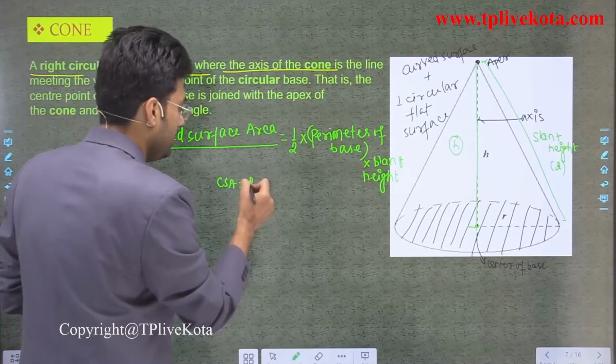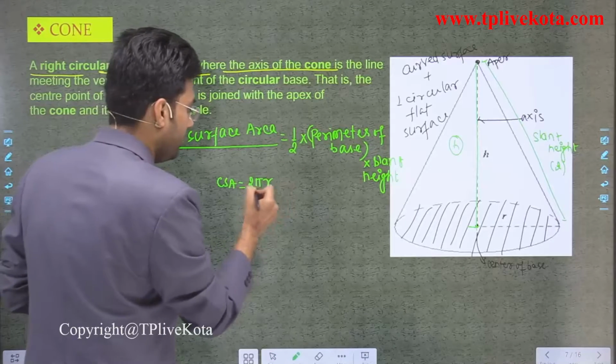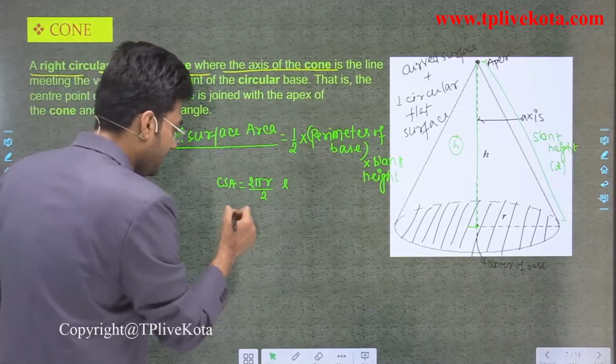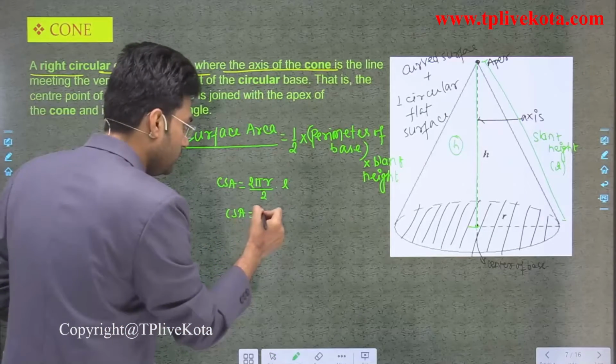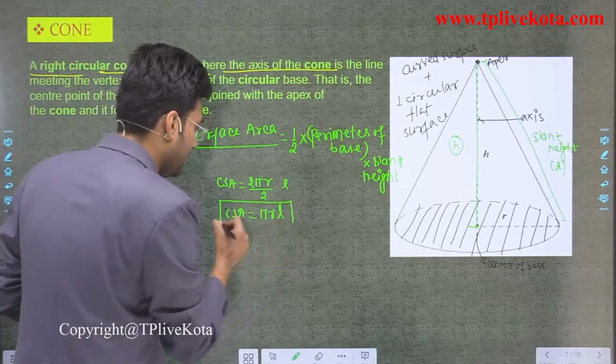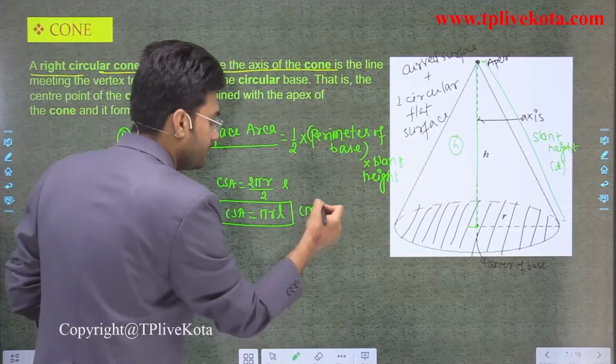It is 2 pi r divided by 2 multiplied by L, and when we solve this, what will we get? CSA is equal to pi r L unit square.